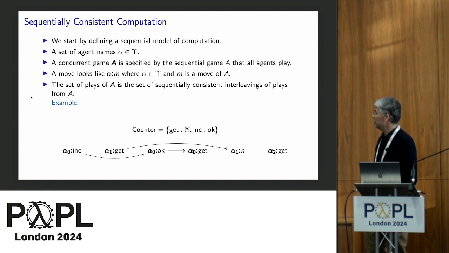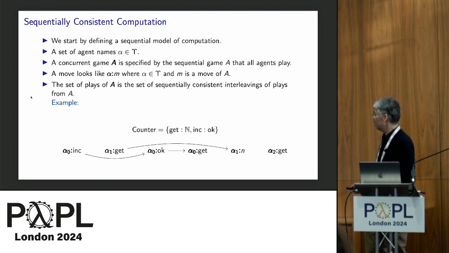So how do we define sequentially consistent games? The sequential game is the same. You have a set of agent names. Within each agent, you define their usual sequential game strategies, one call followed by a return. Then the concurrent game is just the sequentially consistent interleaving of all the plays by each agent.